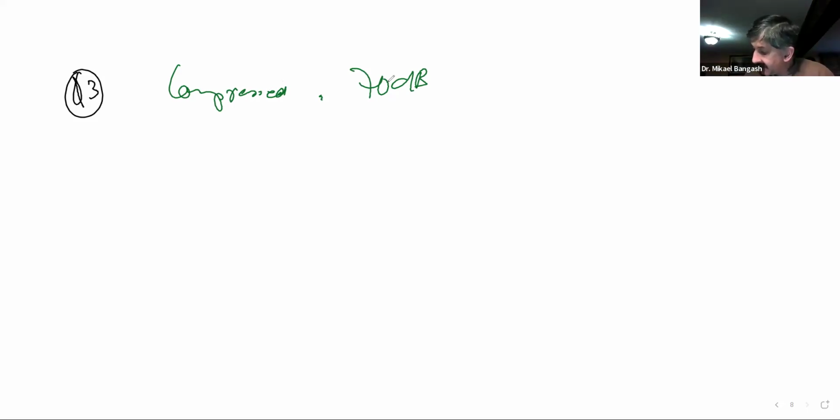The original signal was compressed by 40 decibels, which is the degree of compression. So what is the dynamic range of the uncompressed signal?